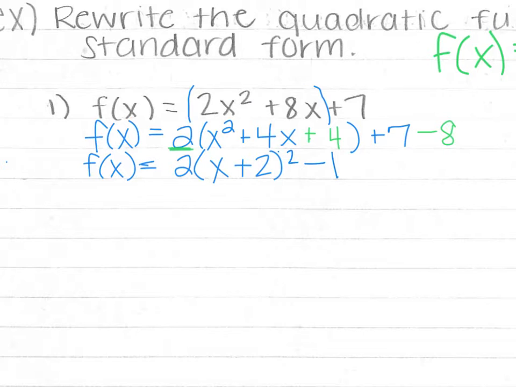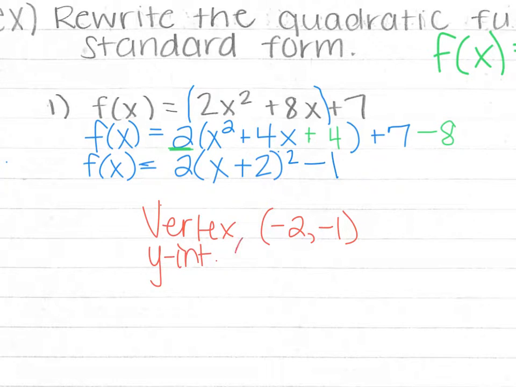And this is actually telling us a good bit about our function. We know that the vertex is at (-2, -1). We also can tell by substituting in 0 for x that the y-intercept is at (0, -1). So we can get a good bit of information from this particular format.